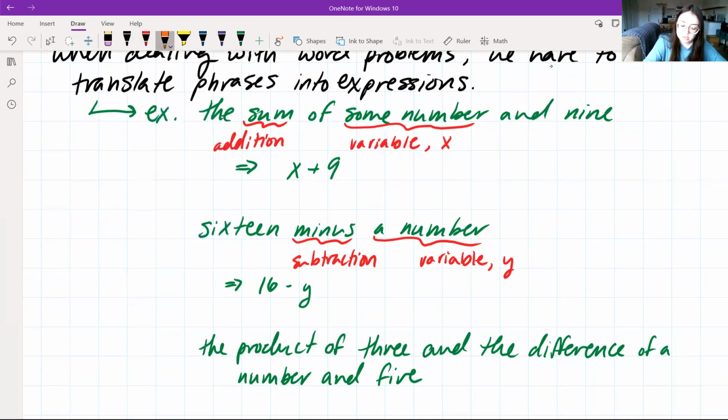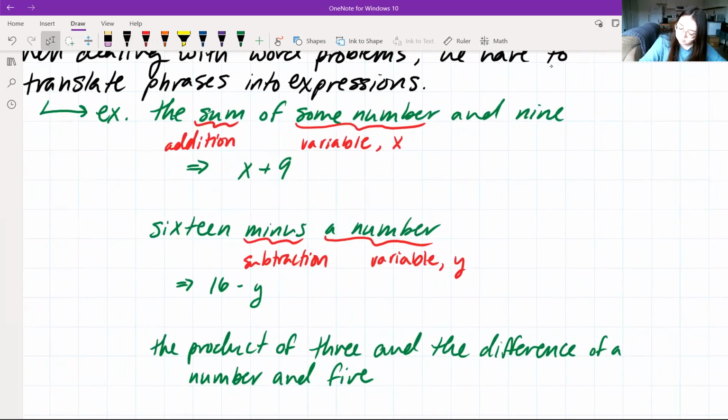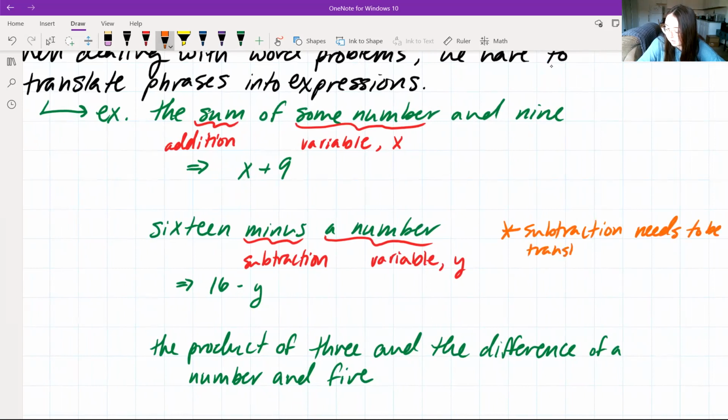I'm going to do a quick change of color here just to make a note off to the side. This is to tell us that subtraction needs to be translated in order.